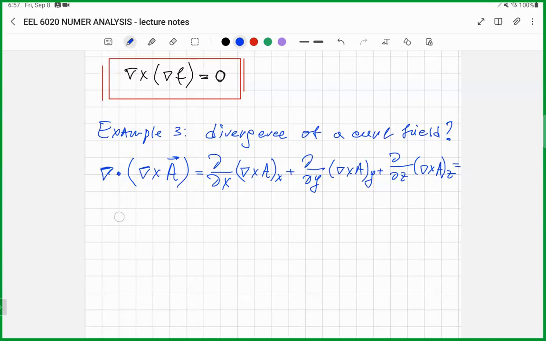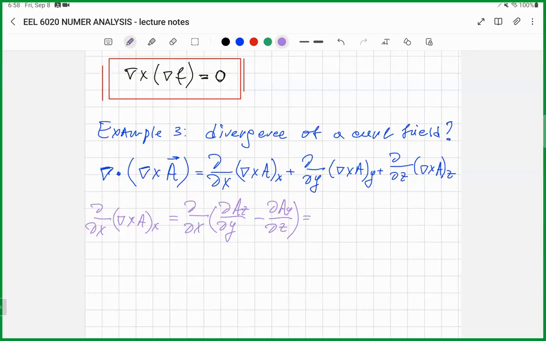Okay, so let's consider these components one by one in different colors. The first one is d over dx of the x component of the curl, which is equal to d over dy of Az minus d over dz of Ay.